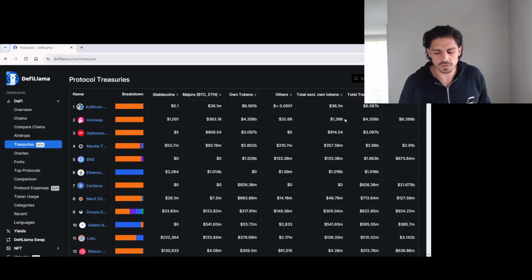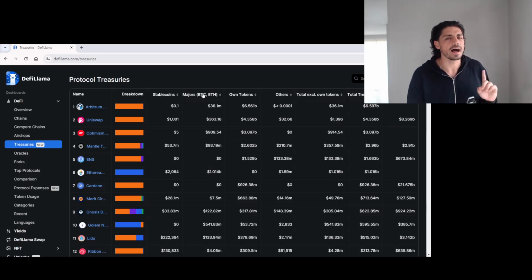So the same thing is actually kind of true for Uniswap: 4.538 billion of treasury and only $1,000 of tokens that exclude their own treasury, right?